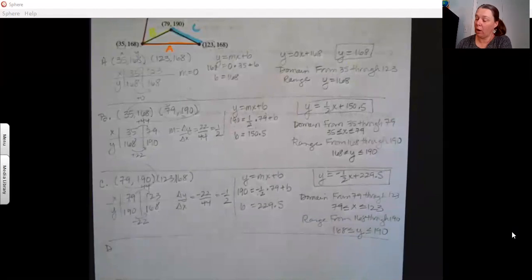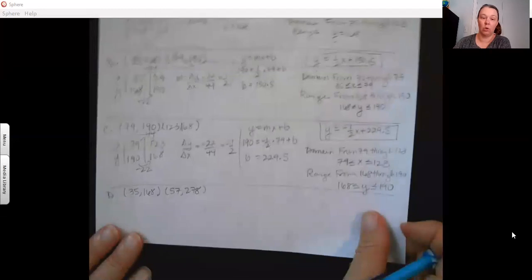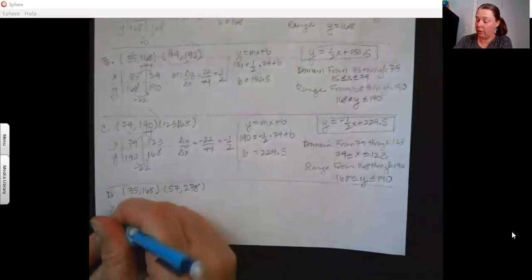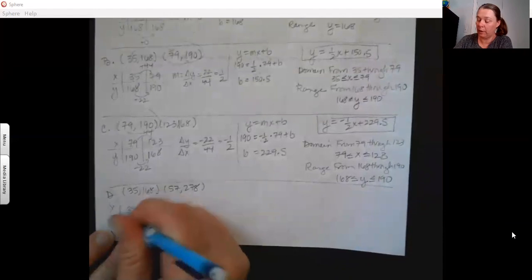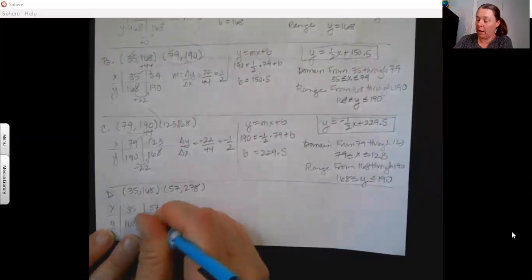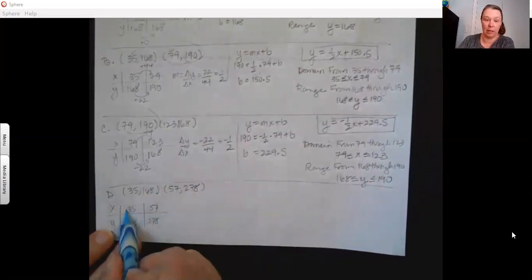All right, so then for our last one, 35, 168, and 57, 278 are our ordered pairs. So again, if it's helpful, make that table. Now, when you're looking at this and you're like, I'm not sure how much that went up by, you can always take this and subtract that, right?